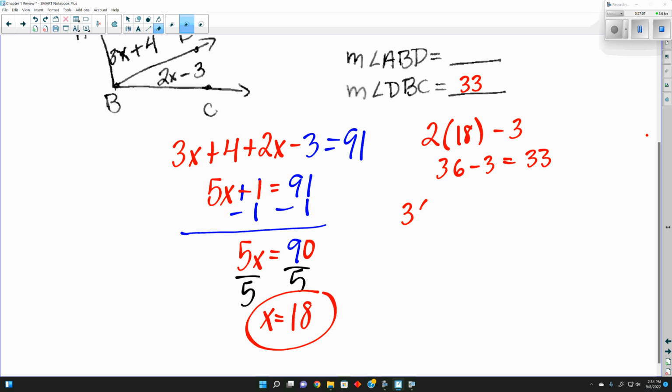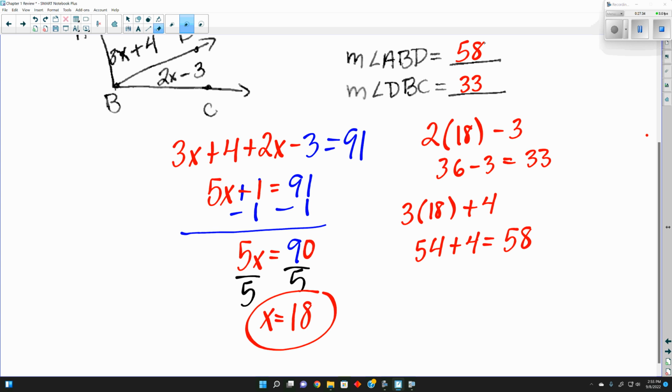For the other one, 3 times 18 plus 4. Well, 3 times 18, 3 times 8 is 24, carry the 2, so 54 plus 4 is 58. And 58 and 33 do add together to be 91, like it told us. Yes? Questions on this here?